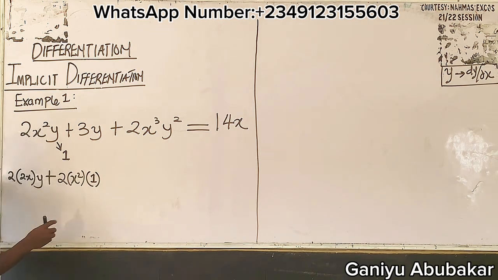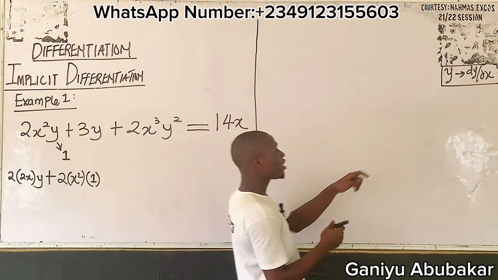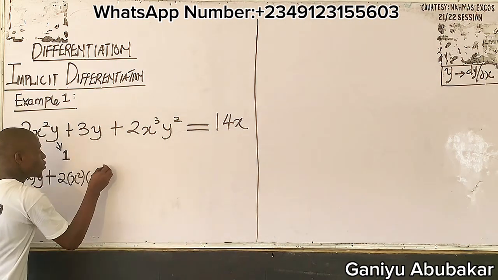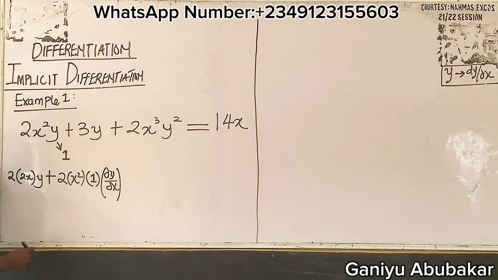But don't forget that I just differentiated y. Whenever I differentiate y, attach what? dy over dx to it. So I will attach dy over dx to it. I'm done with this first batch here.